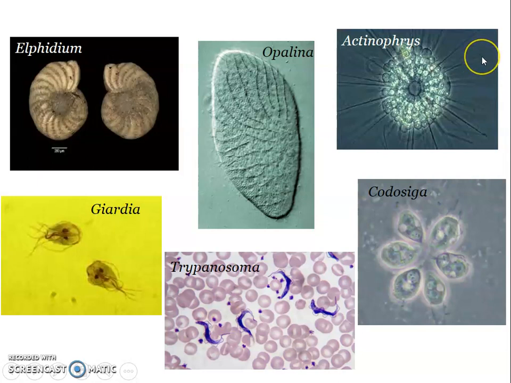These axopodia emerge through openings on the outer covering, the test. In most Actinopoda, the cortex and the medulla, the outer part and the internal part, are separated by an organic capsule, and this capsule is referred to as the test. So the axopodia emerge out through the pores on the test.